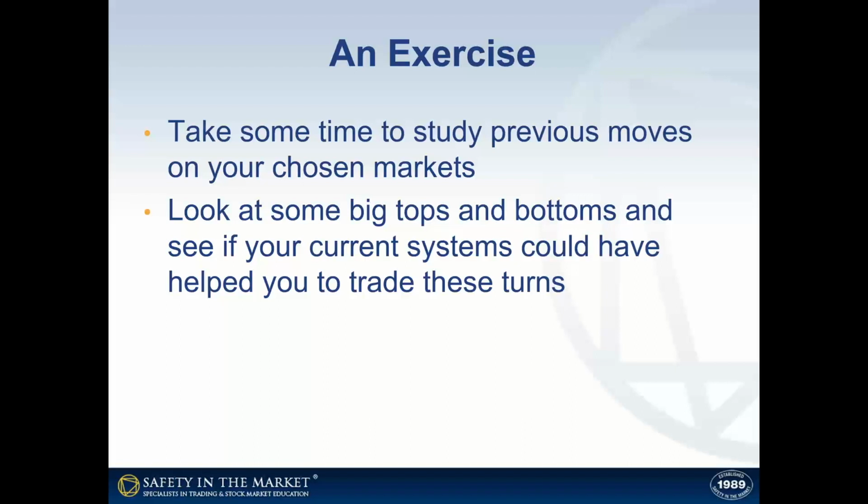That's the first thing. The second thing you want to ask is, could my system have helped me to recognize the top as it was happening and then recognize the bottom as it was happening? So that you're not just relying on the trend, but you can also call the start and the end of the trend using turning points. So that's 2 things. Could you have traded the trend? Could you have recognized the tops and bottoms?